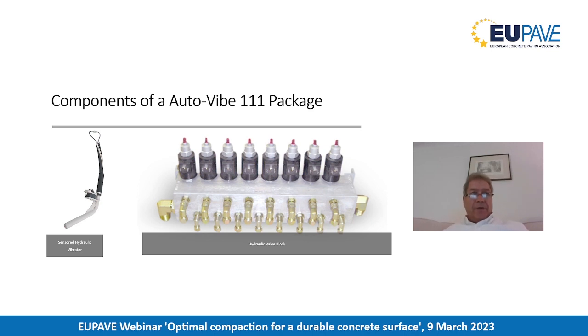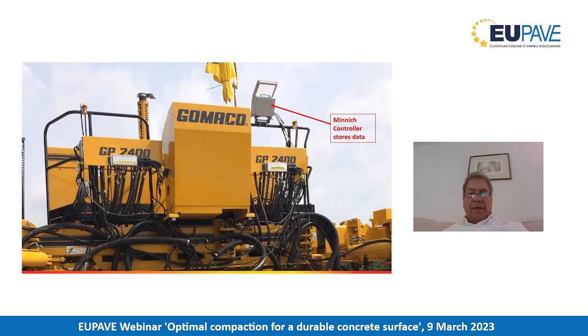It does require changing quite a lot of the hydraulic system and replacing the valves. The vibrators can be upgraded with a sensing system installed. Here we're identifying the Minnich controller, which stores the data and then feeds it to the Gameco navigator as a display system.